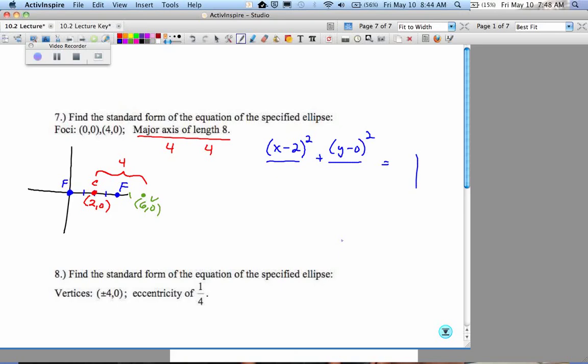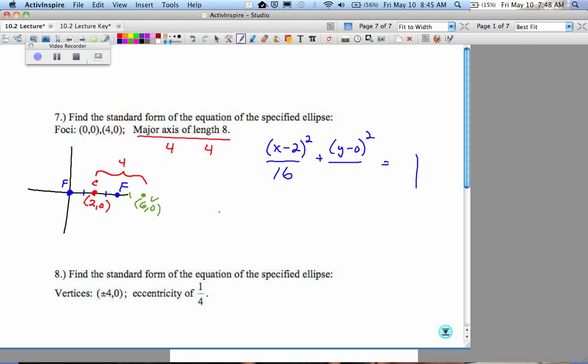The distance from my center to the vertex is 4 because they're telling me that's the major axis. When I square the 4, I get 16, and that should go under the x. Wherever the major axis is, that's where the larger denominator goes, under the horizontal piece.